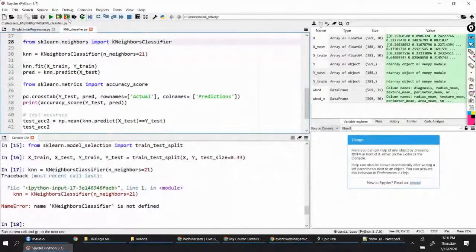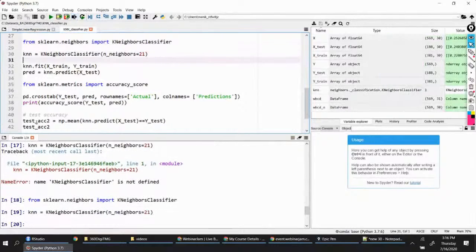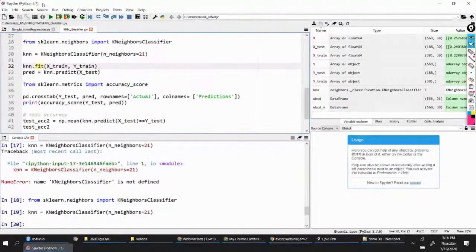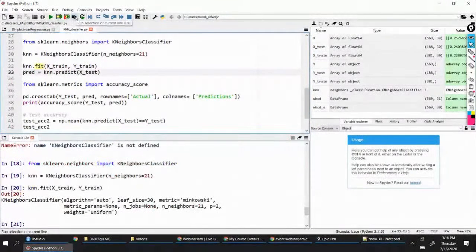Again, I have not imported this. So once you import the library, you should be able to use it immediately. And then we are fitting the training data. Right? We fit the train data here. When I fit this train data, the model identifies the rules that we have generated.